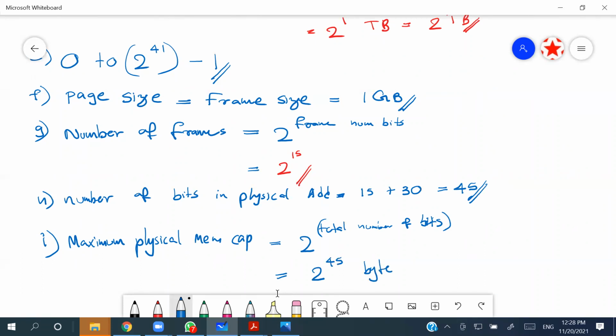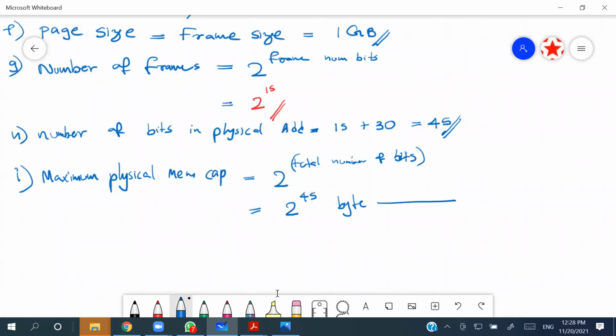This is in bytes. So how are we going to convert this into terabytes?